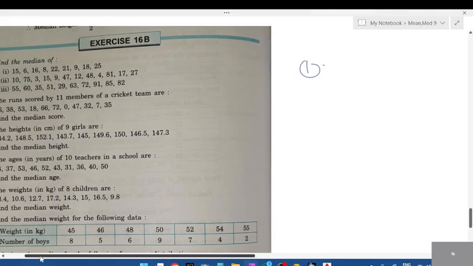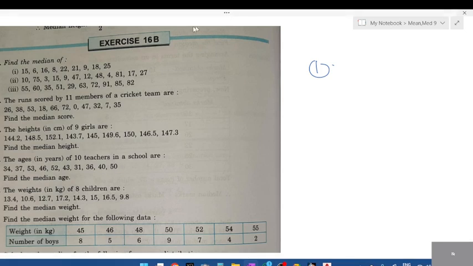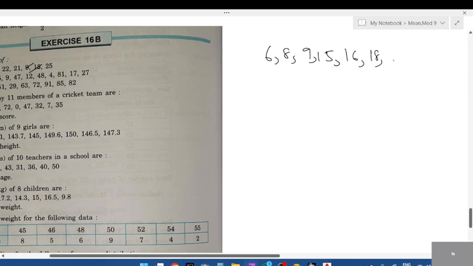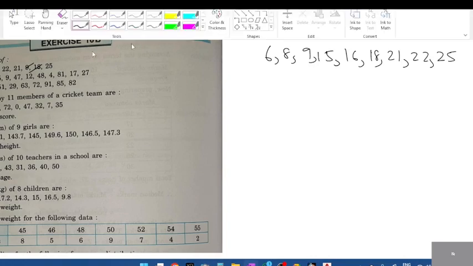Look at the first question. 15, 6, 16. Let me arrange it in ascending order. So starting it is 6, 8, 9. Then we have 15, 16, 18. Then we have 21, 22, 25.